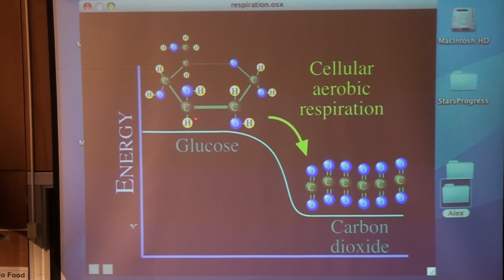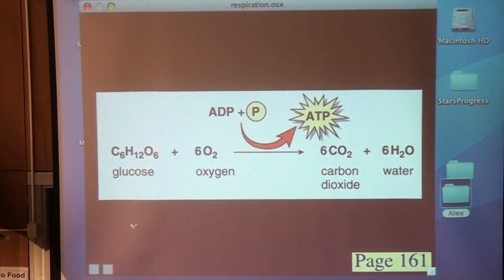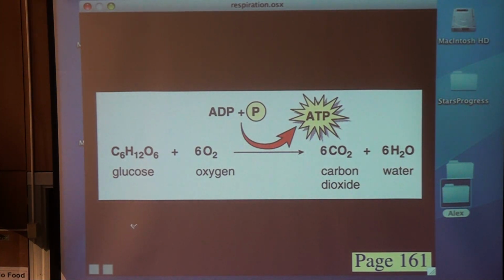And so glucose, which has some high energy carbon-hydrogen bonds and some medium energy carbon bonds, definitely has higher potential energy. So it's an exergonic, spontaneous downhill reaction. And the energy that the glucose is losing as it goes through this process is what the ATPs are gaining.